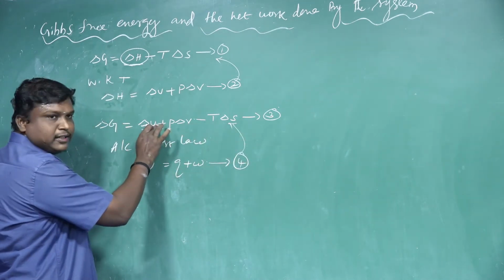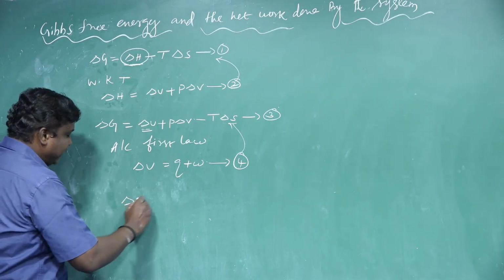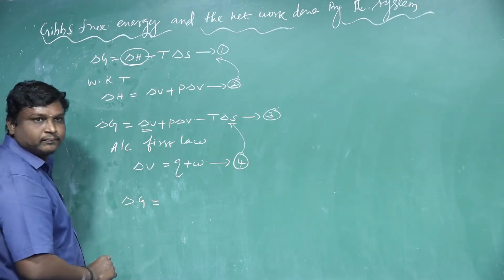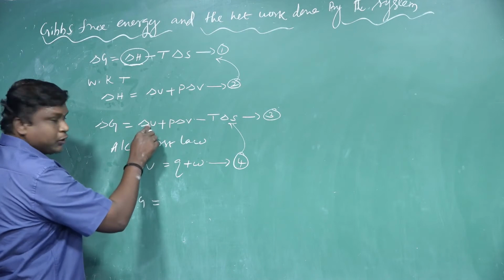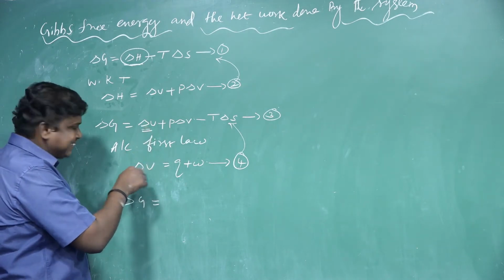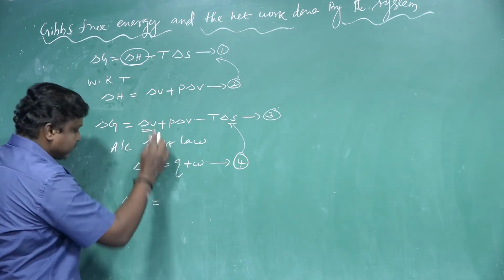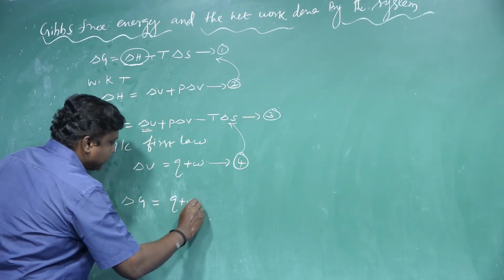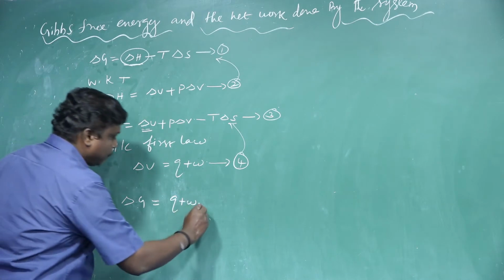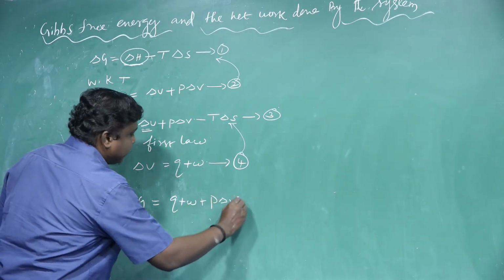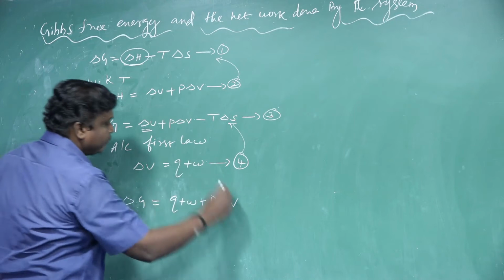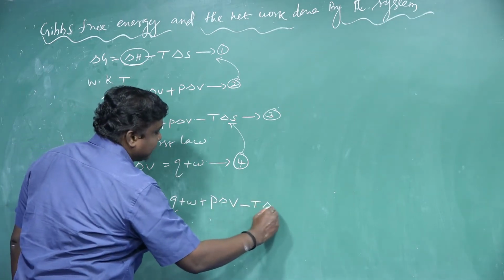So ΔG equals Q plus W plus PΔV minus TΔS.